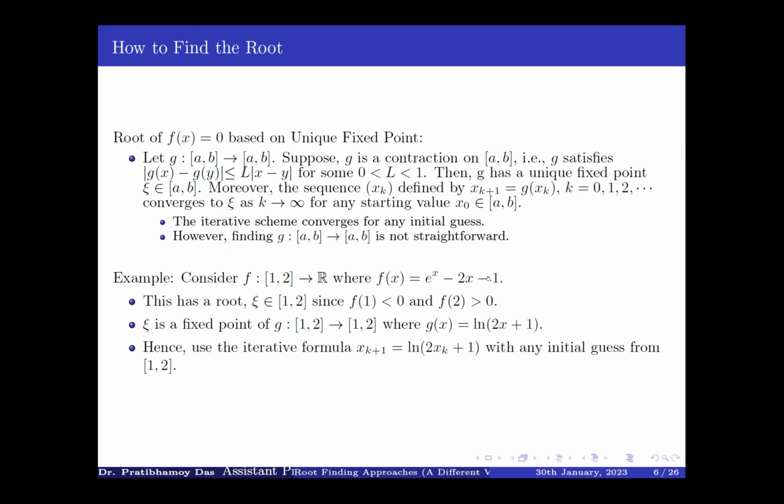We have been asked to find the root of f, and we are constructing g such that g is continuous and it is a self map. Okay. Now, a very easy question. Anyone can answer. Suppose g satisfies this condition. Can I say that g will automatically be continuous?